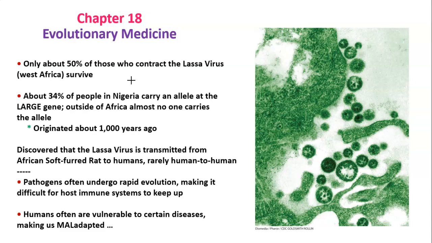So we have, once again, what's often referred to as an evolutionary arms race between pathogens and us, with the pathogens really having the upper hand because of their rapid evolution. And also, as I mentioned above, humans are often vulnerable to certain diseases, making us maladapted as opposed to adapted. So let's dive in here and cover some things about evolutionary medicine.